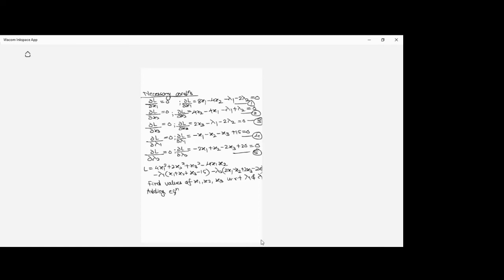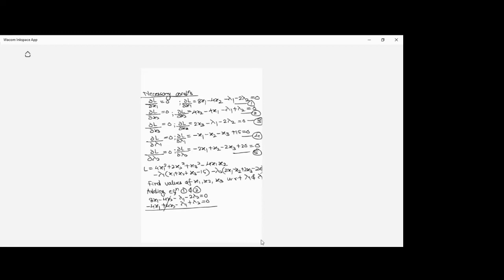adding equation 1 and 2, right? Here it is 8x1 − 4x2 − λ1 − 2λ2 = 0. I'll be reconstructing this, making it −4x1 + 4x2 − λ1 + λ2 = 0. So this is to be added, right? So −4x2 + 4x2 will get cancelled.